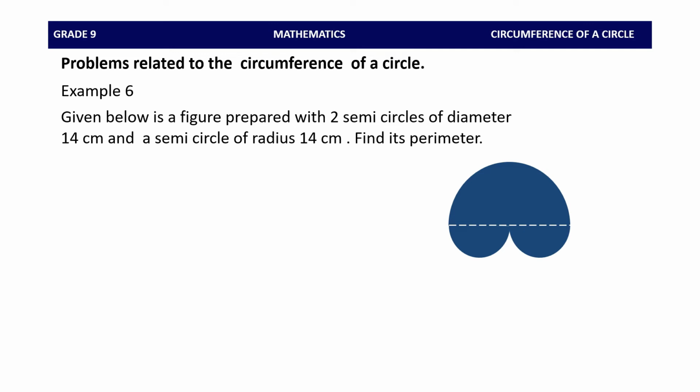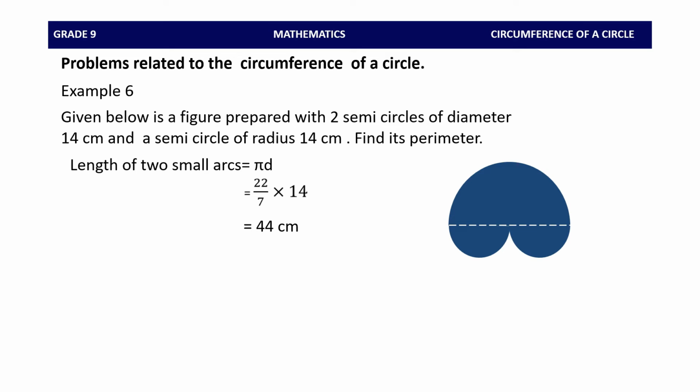So the arc length can be calculated using C equal to πd. Substitute the values. 22 over 7 multiplied by 14. 14 simplified with 7. The answer is 22 multiplied by 2, 44 centimeters.